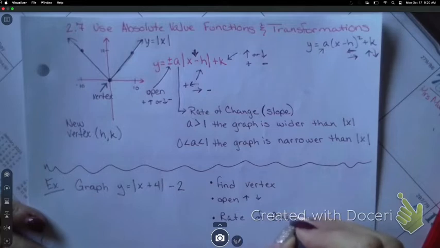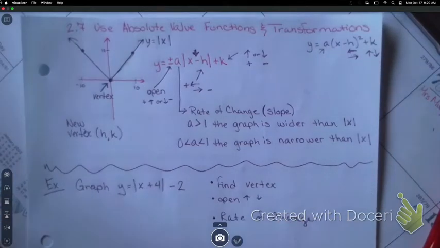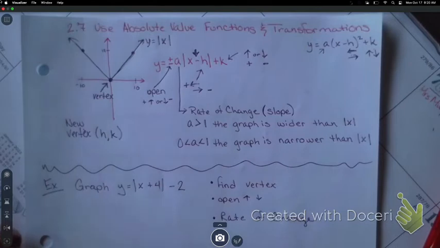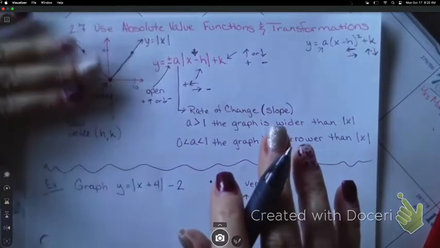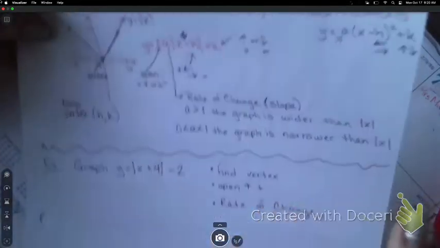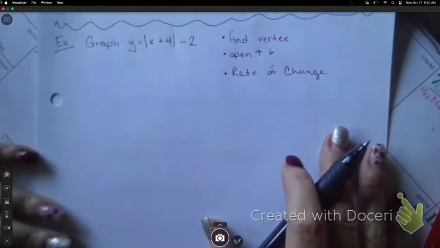So we need to identify all those things. Now you guys have all of this up here on your paper, right? Because I'm going to have to move this up. Yes. Okay.